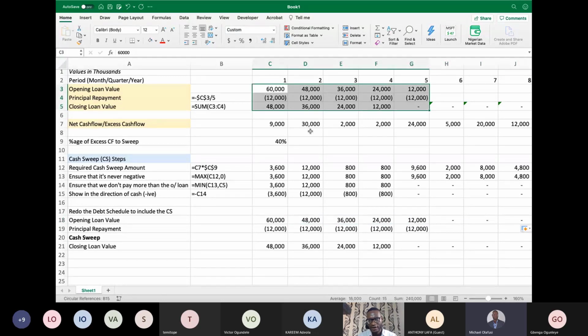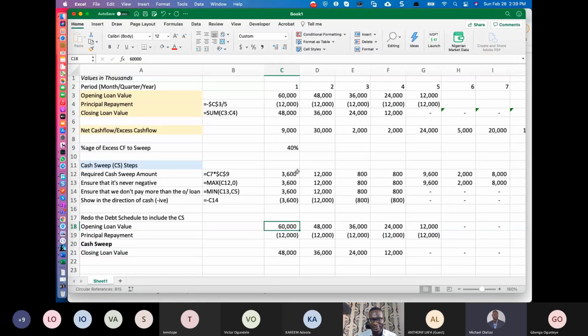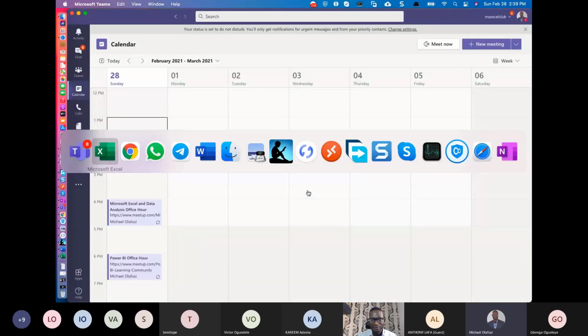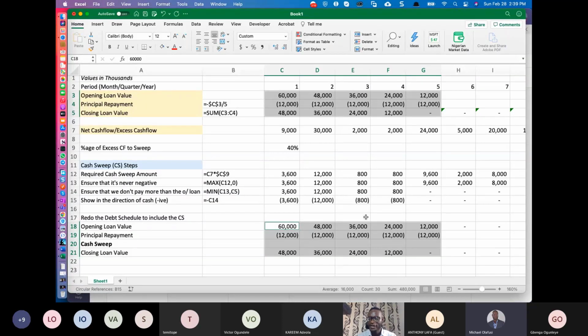So here and here, you see they're looking alike. There's no cash sweep. So we're going to adjust it now, okay?